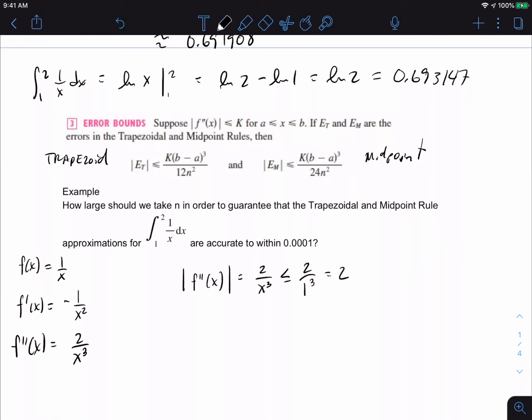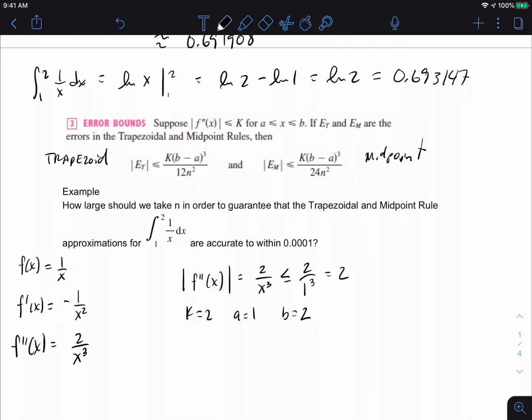So this is my k. Now I know k is 2, a is 1, b is 2, right? Because a is my lower bound, b is my upper bound, and I just found k. So now, since I'm going after the trapezoid approximation first, I'm going to use this.